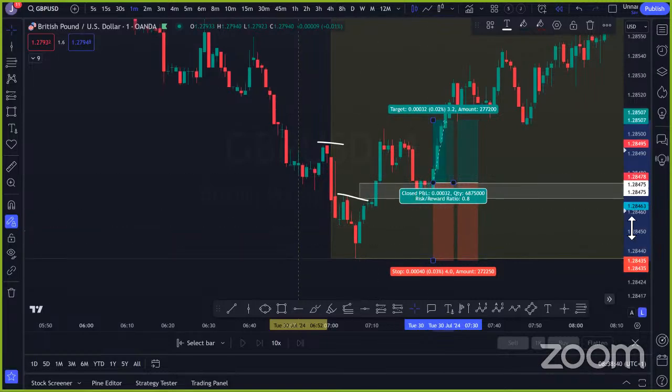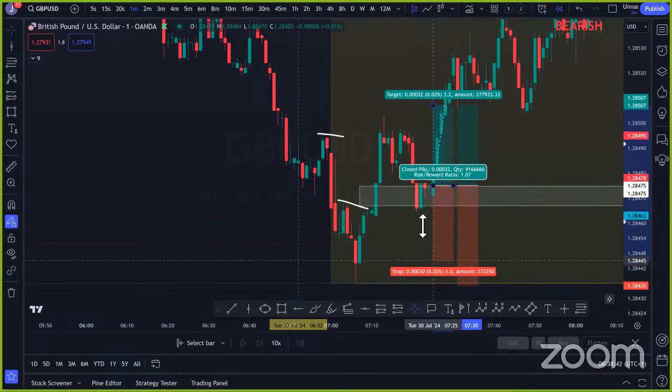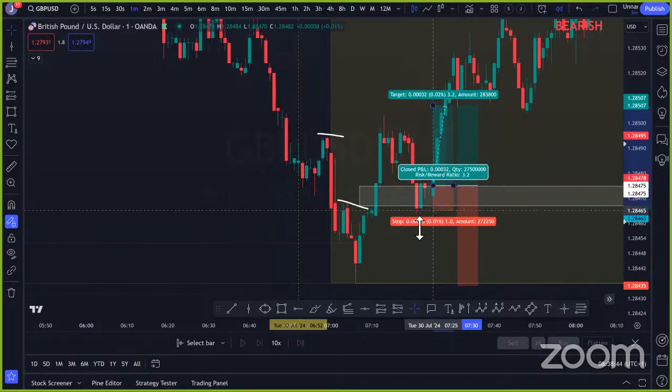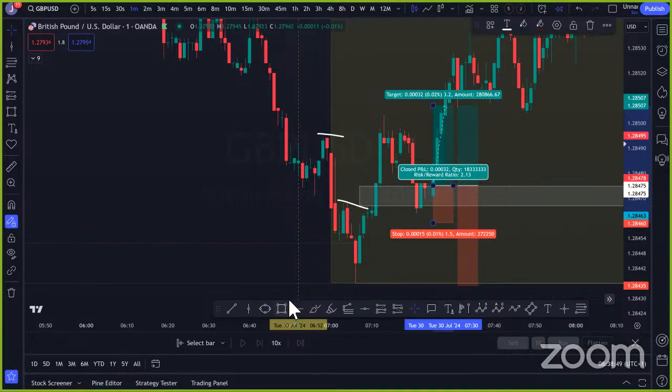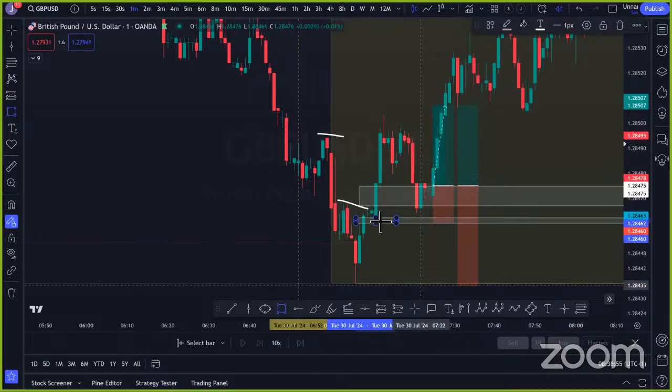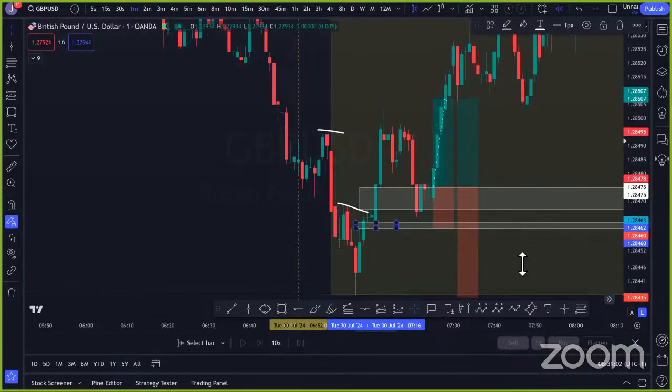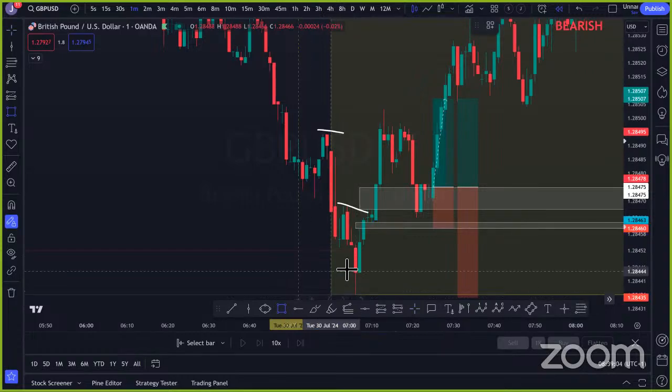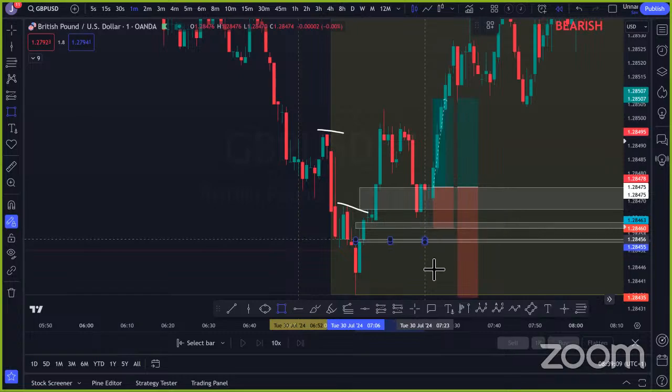Now let me explain something to you. There is an imbalance there, yes, but there is also an imbalance here. It's in here. Yeah, so there is an imbalance here that I've covered, but there is also one here. And if you really wanted to go there, if you have the confluence, if you look at other candles, there's also a little area here which I don't love to see when candles do this.